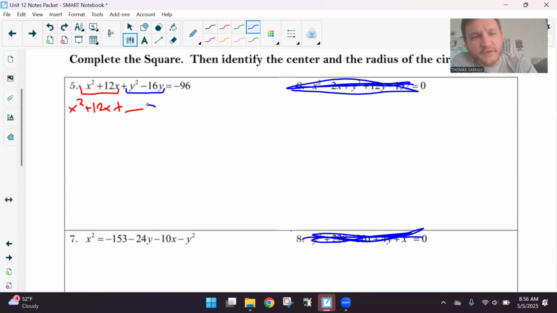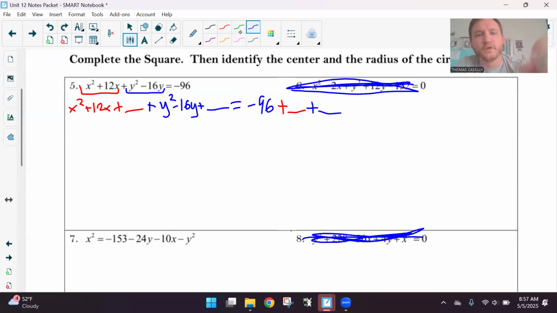Now I'm going to do the same exact thing with the y values: plus y squared minus 16y plus a blank space equals negative 96. All right. But I have two blank spots on the left side, so I need to put two blank spots on the right side.